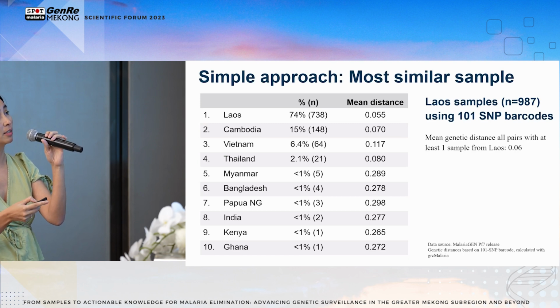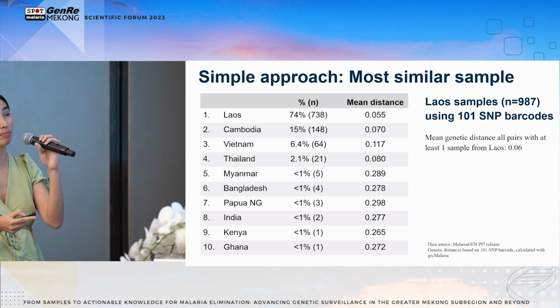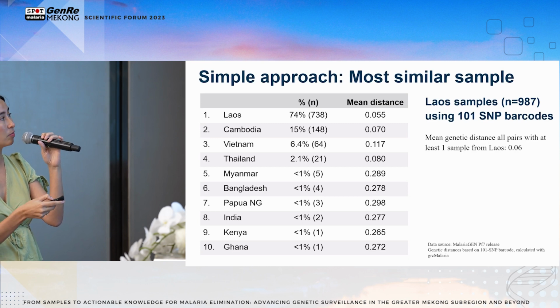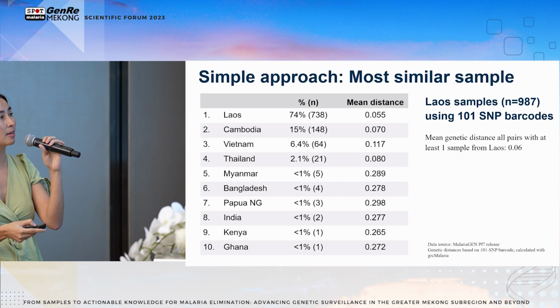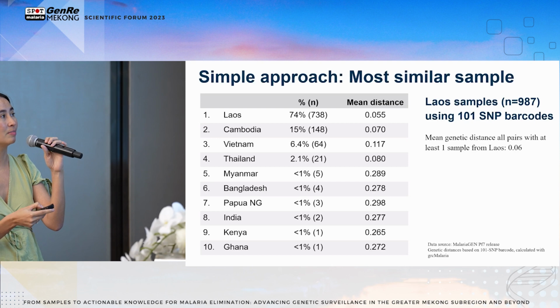These genetic distances, by the way, are calculated using the 101 SNP barcode. And then you can also see for the ranks 5 to 10, these are small numbers, and the genetic distances are very high here. So I think these are non-informative results.